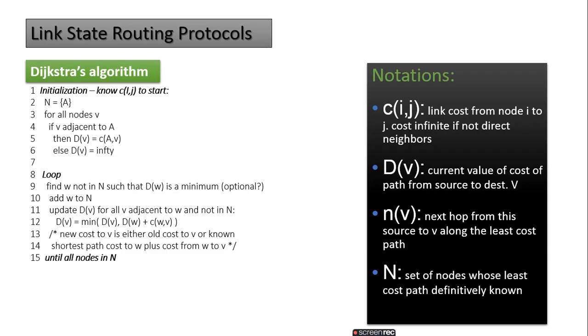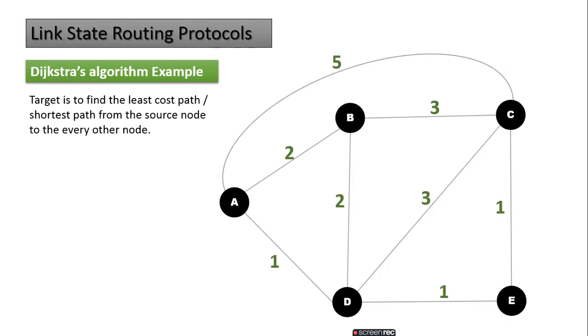So let me explain this further by going into an example. Look at this diagram right here. We have a source node A, and B, C, D, E are routers, and the cost between them is given. Alright, so let's see how Dijkstra's algorithm works in this particular scenario.